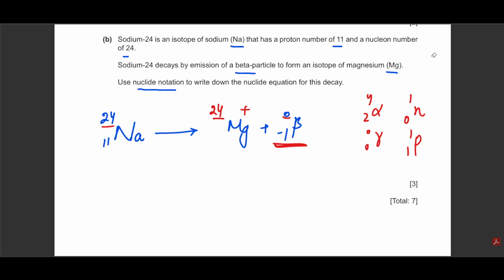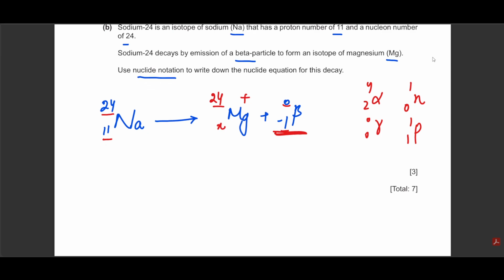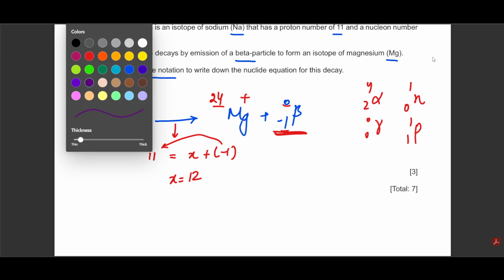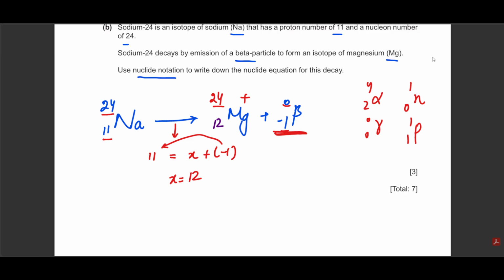So everything has to be balanced. On the right-hand side, we can say this is 11 and this is minus 1, and let's keep this as x. Treat this arrow as an equality, so this will become x plus minus 1 from beta and 11 from sodium. Now, when this minus 1 goes to the other side, this becomes x equals 12. That is why, if you notice in the previous one when I was giving out the answers, this was actually written down as 12.